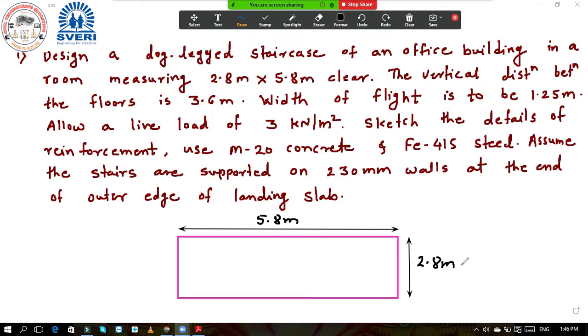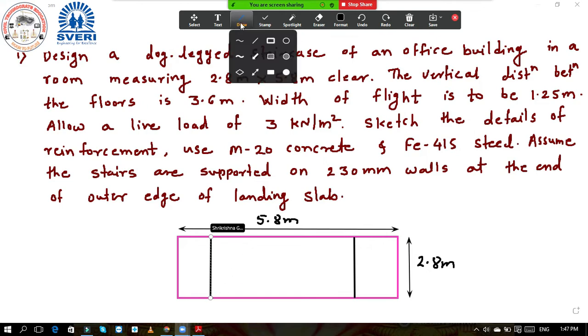Next, what they have told you is the width of the single flight. This is the total distance, so in this two flights will be there, and we will leave some space for the landing. Suppose from this point we will calculate how much is the landing, and this is at the approach.